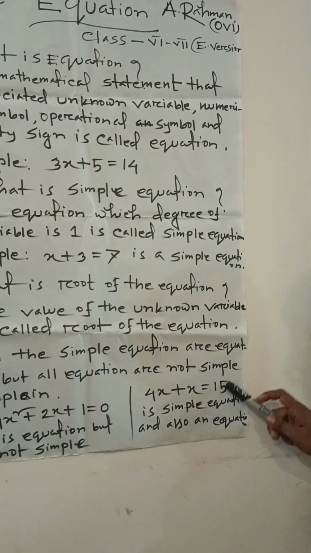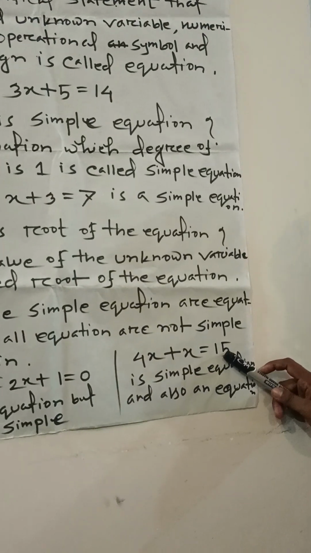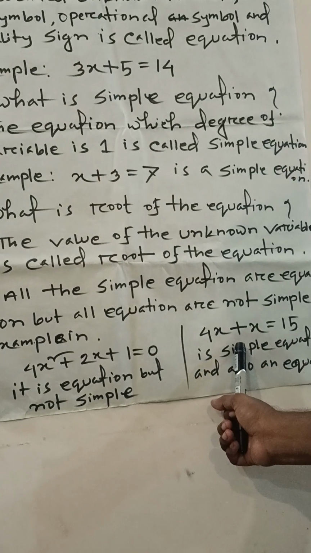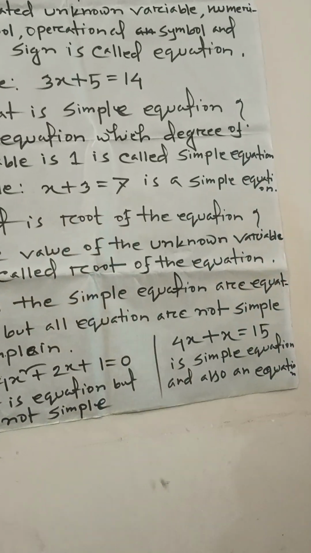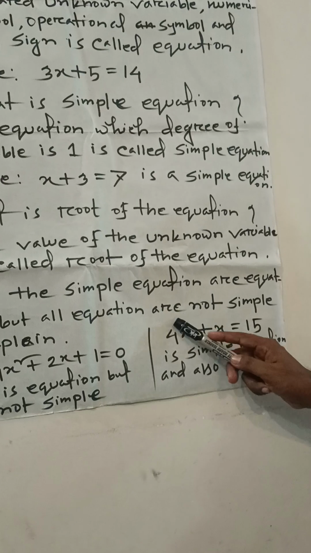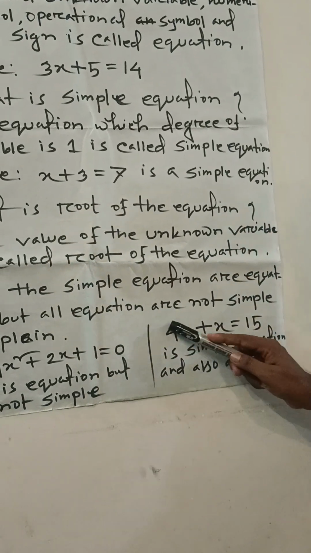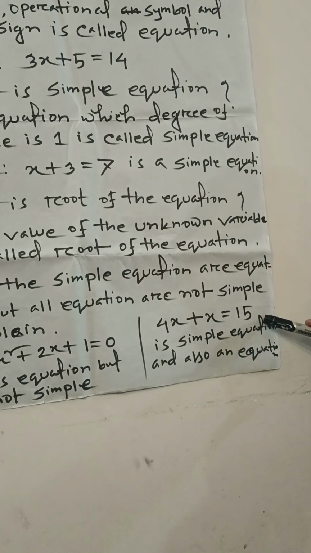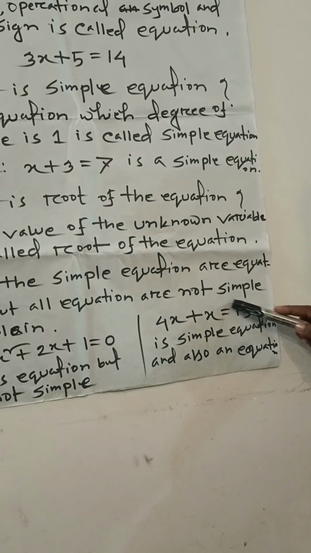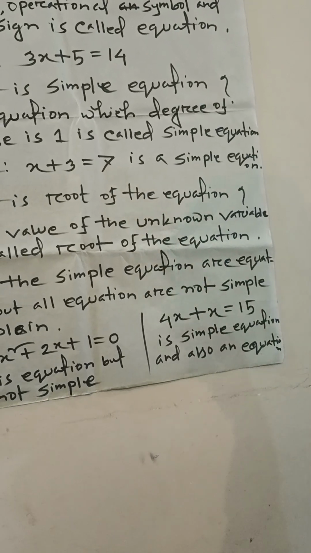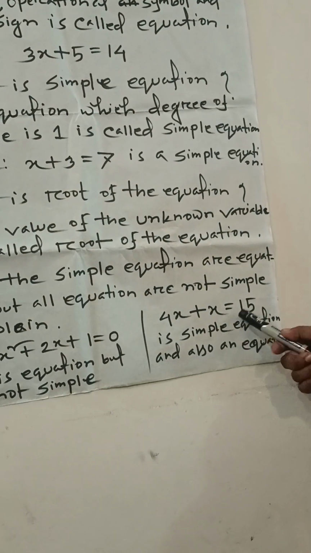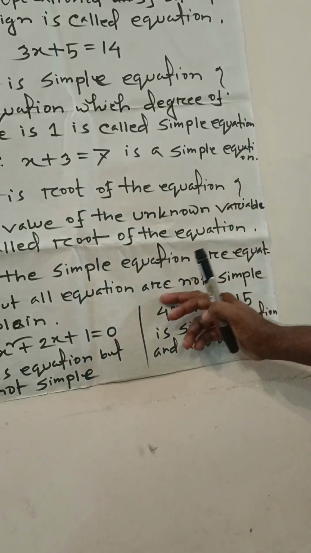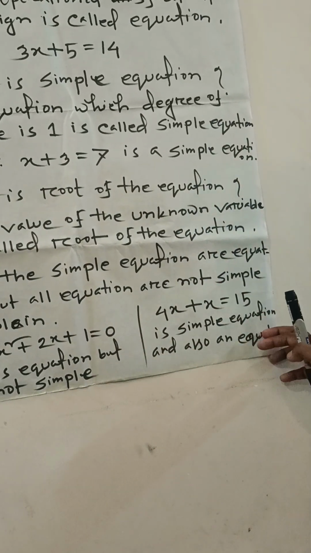It is a simple equation. It is also an equation. Why is it an equation? Because it has variable, numerical symbol, equality sign. So that's why 4x plus x equal to 15 is a simple equation, and it is also an equation. All the conditions of equation are satisfied. That's why a simple equation is an equation.